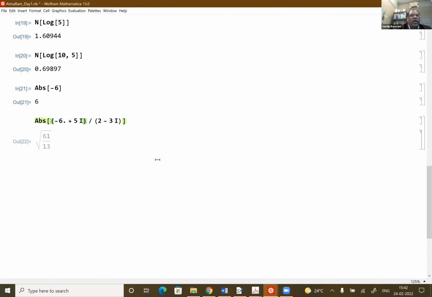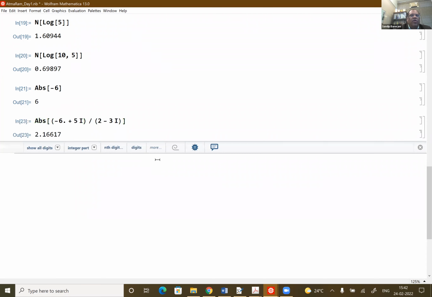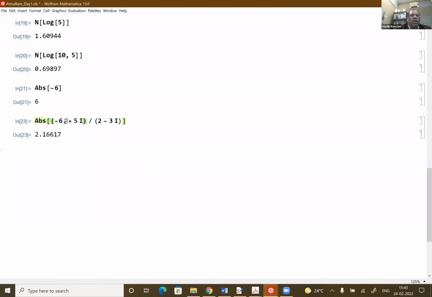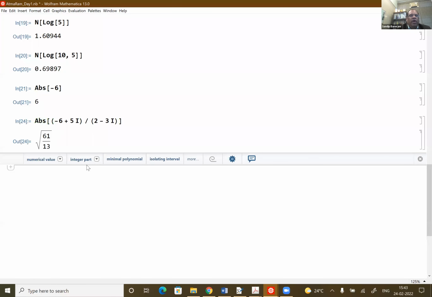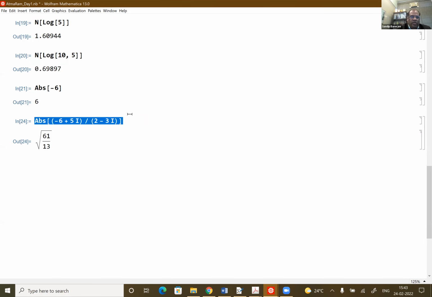If I put a dot here, it's going to give me the numerical value. So let's write it without the dot.